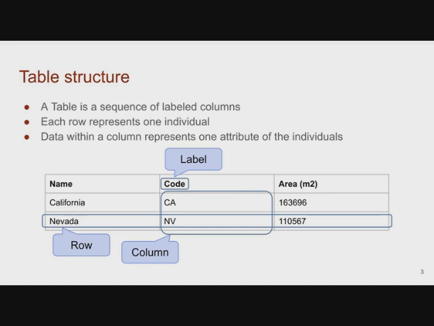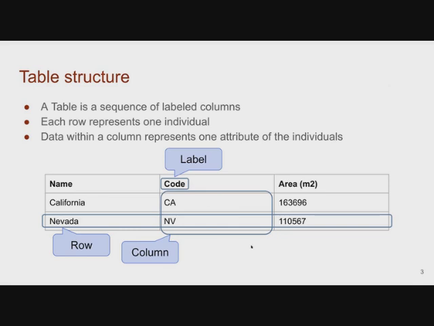As a quick review, the way I want you to think of a table is as two-dimensional data, a sequence of labeled columns. Each column represents some attribute. For example, in this table of states, the highlighted label is the abbreviation code, and the column over to the right is the area.